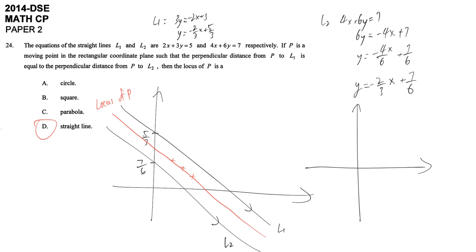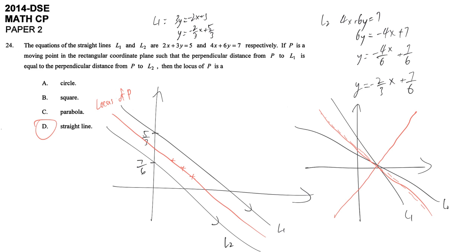For example, let's say L1 is like this, L2 is like this. Then you'll find that P may be along this line such that it's always between L1 and L2, but not only this line, also another direction.